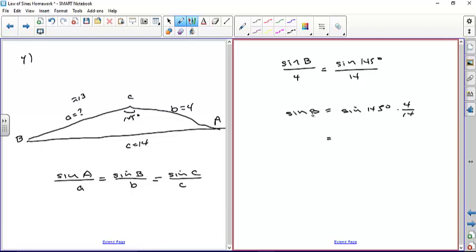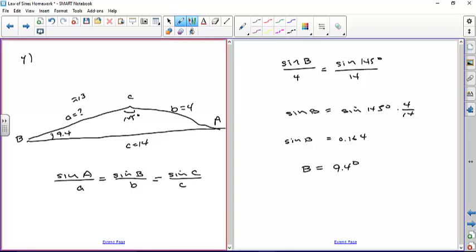So what do we get? Sine of 145 times 4 divided by 14. So I get the sine of B equals 0.164. And you can take the inverse sine of that. Inverse sine of 0.164, and you get 9.4 degrees. So this is 9.4 degrees.